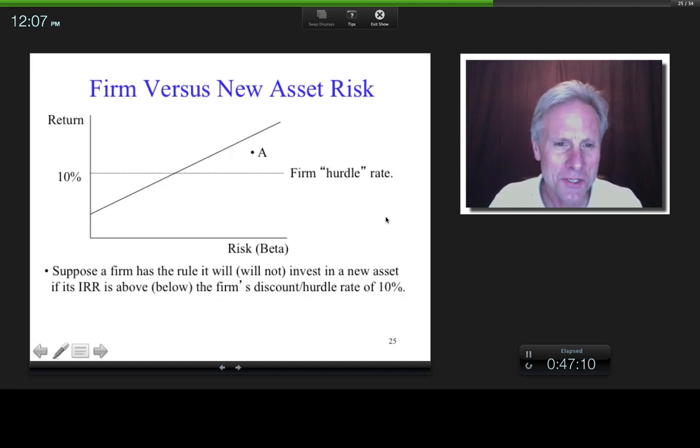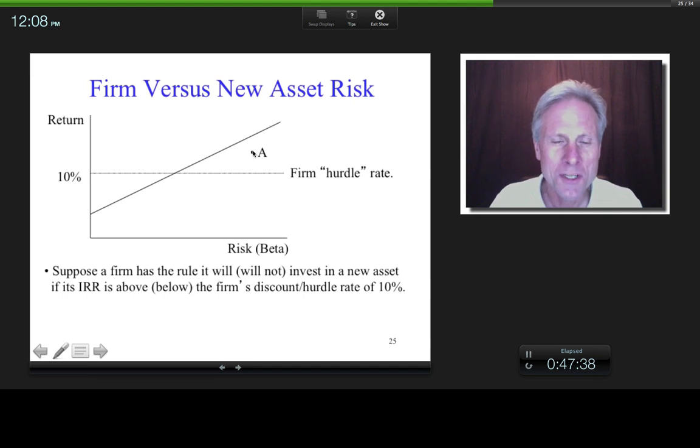Okay, so let's say here's risk, which we've now seen from lecture number 5, that beta is the appropriate way of measuring this risk. And so let's say that the higher the risk of the project, the higher the required return. Now imagine this 10% here is the firm's hurdle rate.